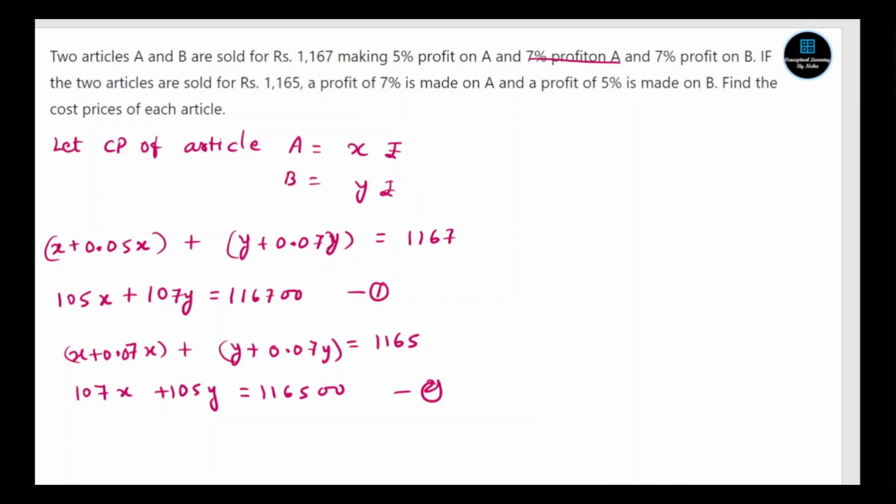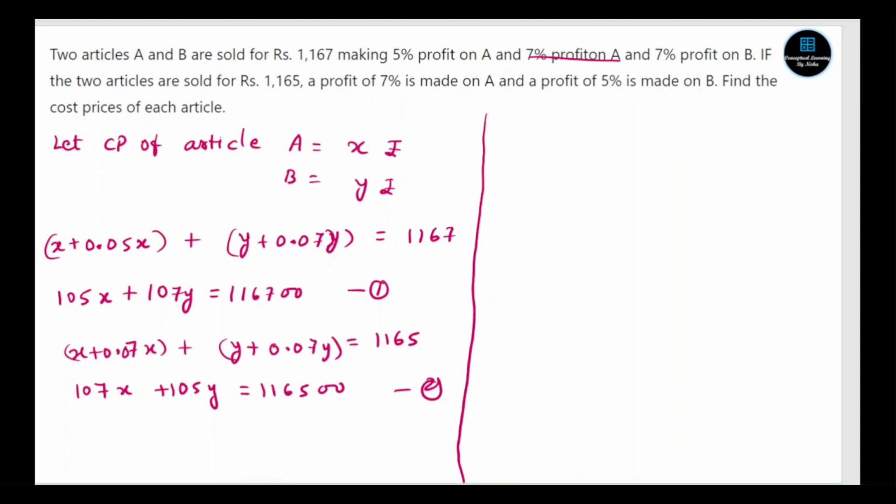Now what I'll do, first of all I'll add both of them so that I can simplify them easily and I get my answer easily. Do you remember we learned a similar question? So adding 1 and 2, I'm directly writing it to save time.